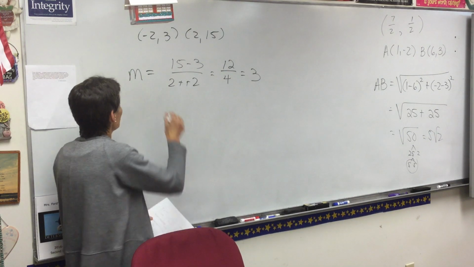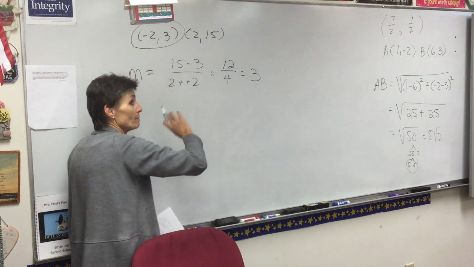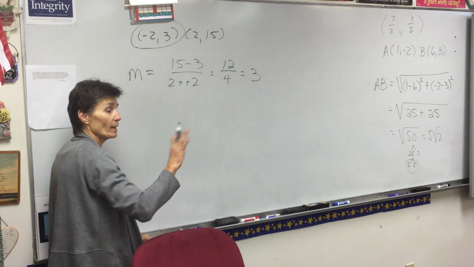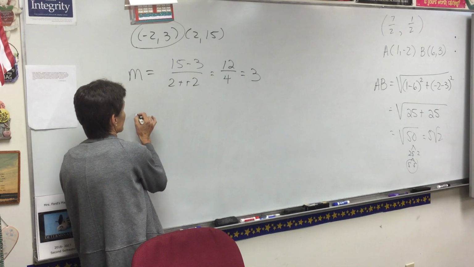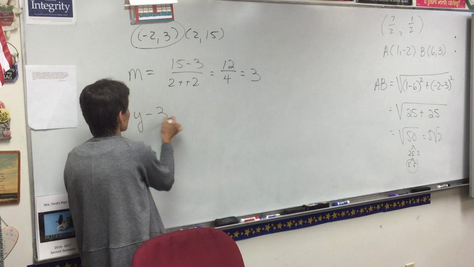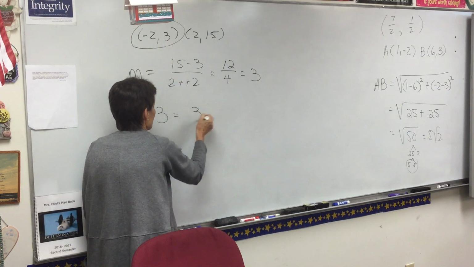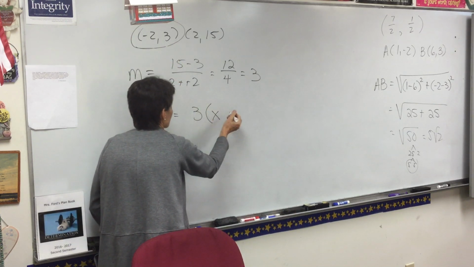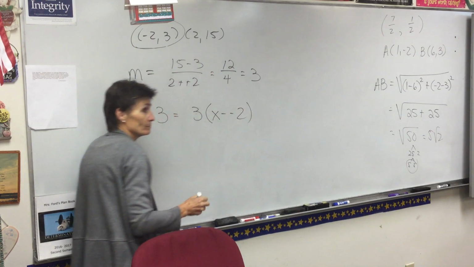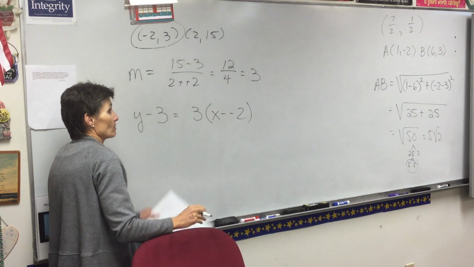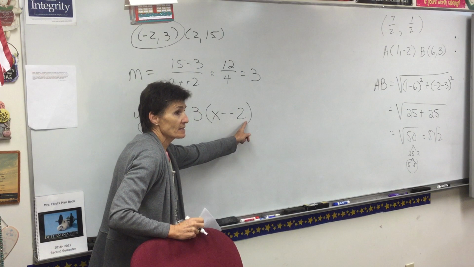So now I'll pick a point. I'll just use this one. It makes no difference. And I'll say y minus 3 equals 3 times x minus negative 2. Now, some of you are forgetting these parentheses here.